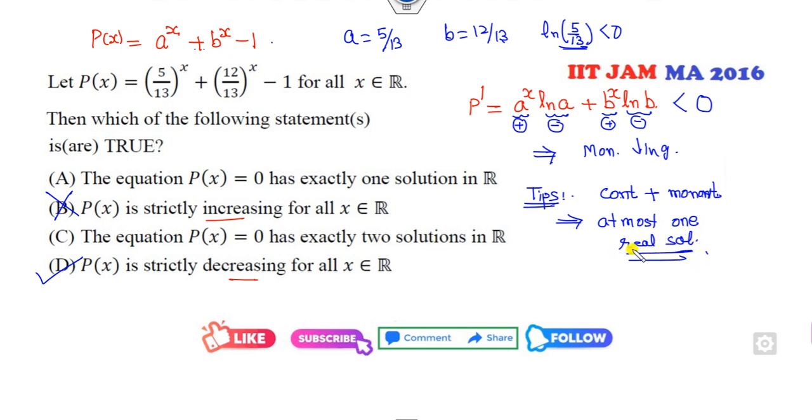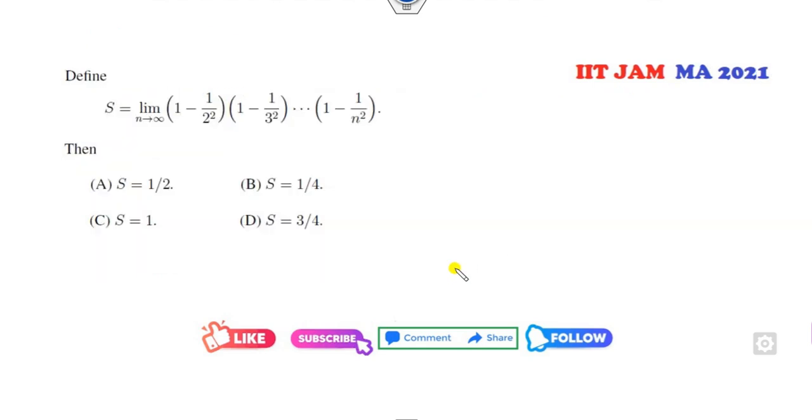Fine. So exactly one real solution. That means this option is the correct option. This option is the wrong answer. So it is continuous and monotonic, and you get at most one real solution. That is the right answer. Okay.